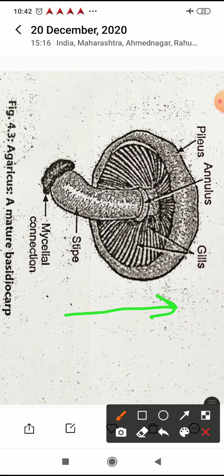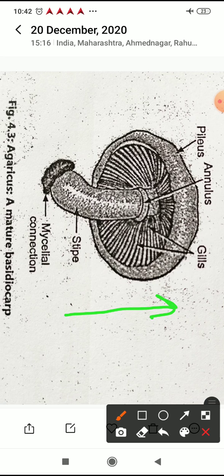Now we will see how reproduction in Agaricus takes place. Three types are there: vegetative, asexual and sexual as usual. Vegetative reproduction is through mycelium.